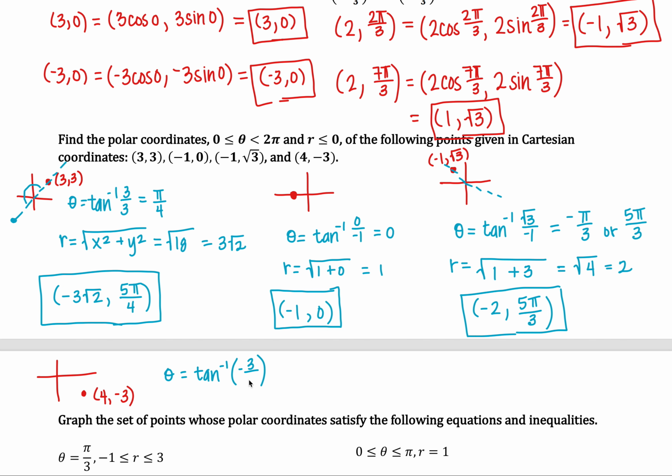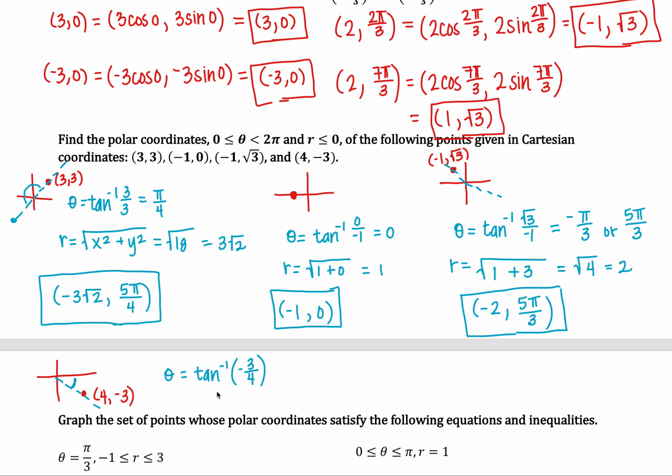Now, let me really quickly draw this in. If you were on a calculator to punch in inverse tangent of -3/4, you're going to get a negative angle. And it would be this negative angle in here.